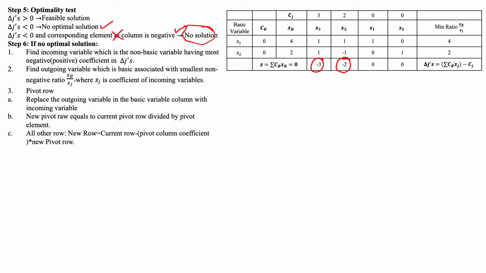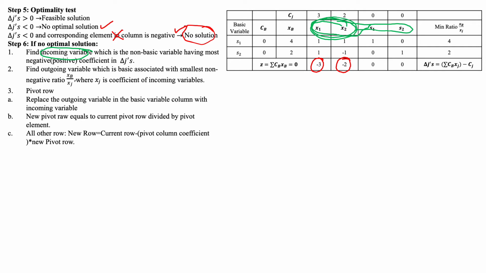So what kind of problem is it now? Non-optimal solution. So now we will find the optimal solution. How? First we will find our incoming variable. The incoming variable is a non-basic variable, so it will be one of these variables, x1 and x2.